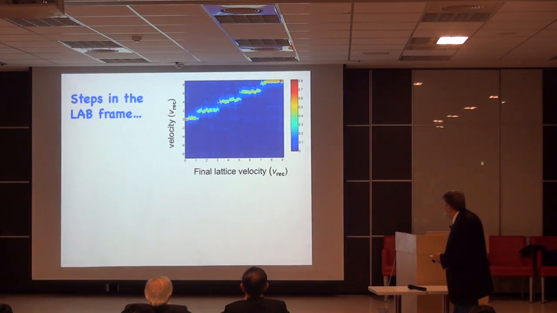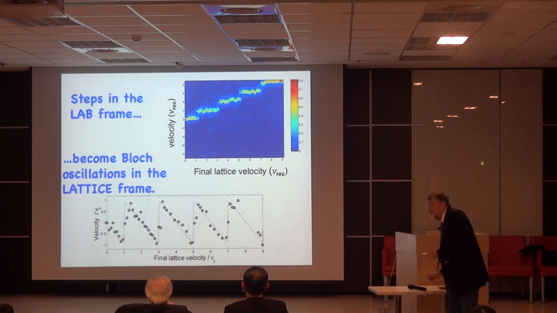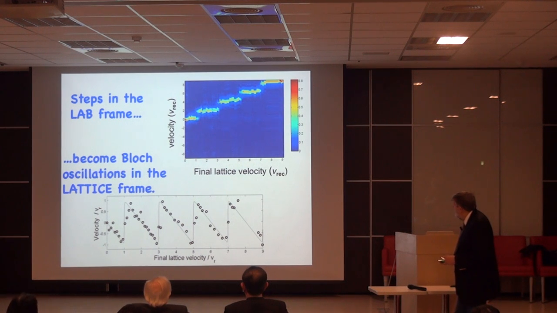So here's just a way of illustrating that whole thing about Bloch oscillations. This is the picture you saw before. If we go into the lattice frame, which is where you would see the Bloch oscillations, these things transform into these oscillatory velocities as a function of the lattice velocity. So that would be what Bloch oscillators are.